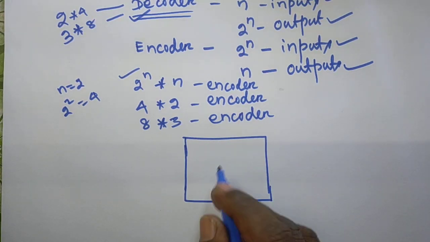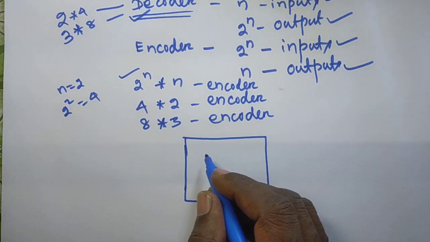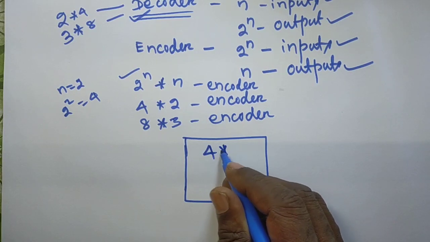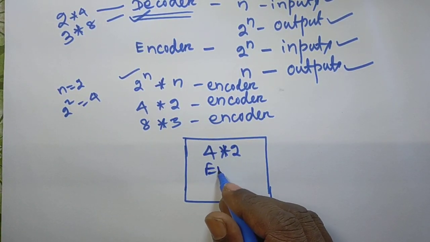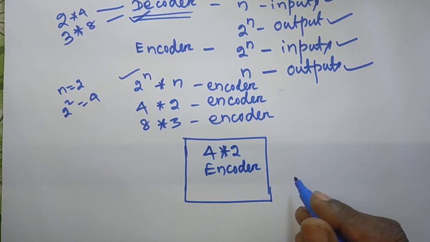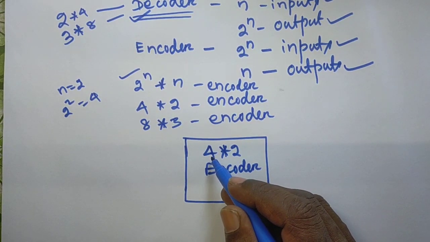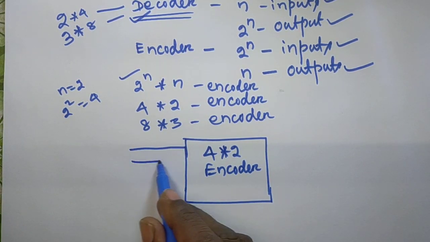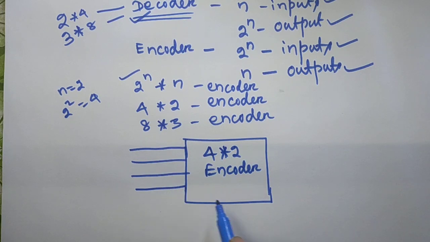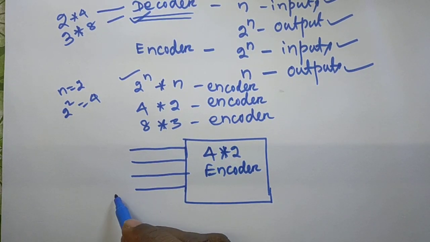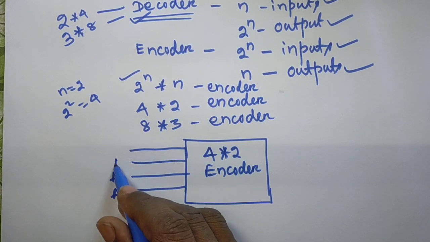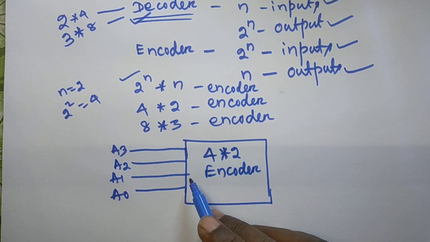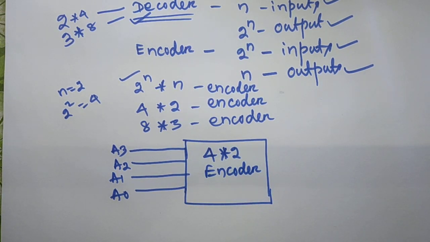Here is one combinational circuit for an encoder, whose design name is a 4 into 2 encoder. That means 4 inputs are provided to this encoder. What are the 4 inputs? We provide them as A0, A1, A2, A3. These 4 inputs are provided to this encoder.